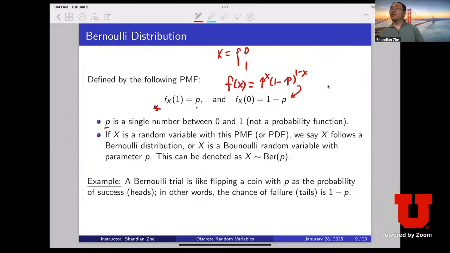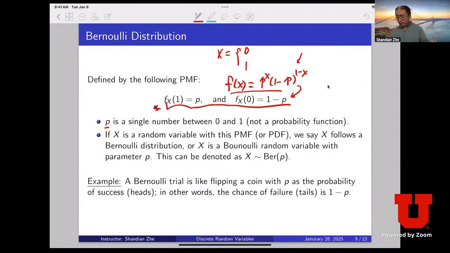Any thought? Why is this form the same as this form? Yes, exactly, right? So this is just a more succinct form.